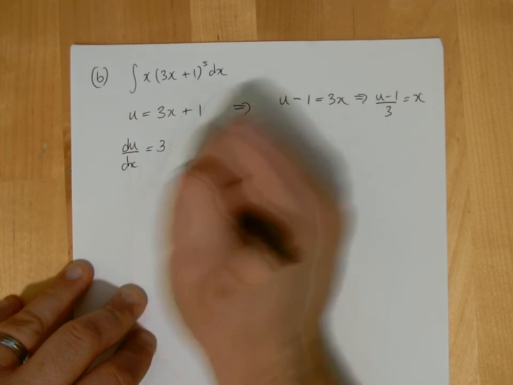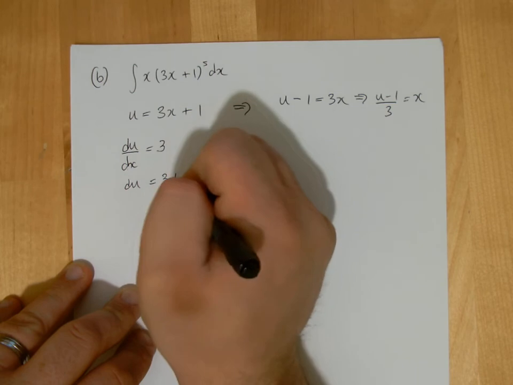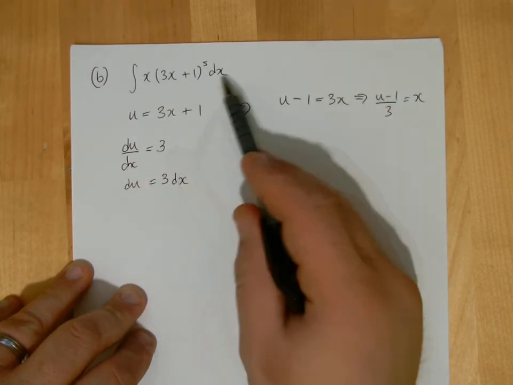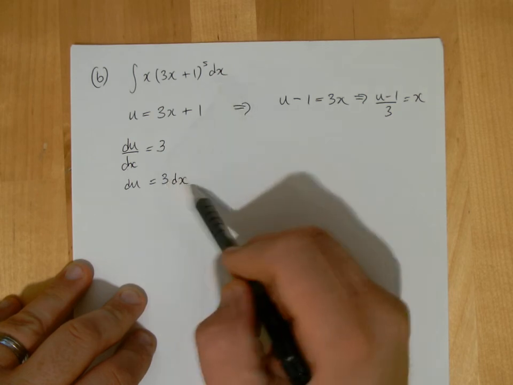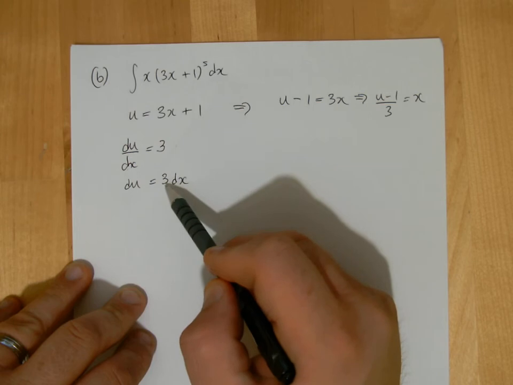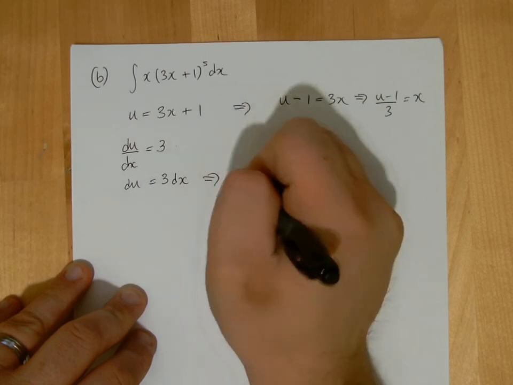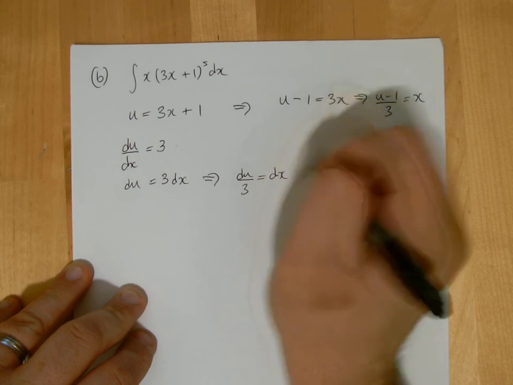So I could say du is equal to 3dx, but I actually want to work out what dx is. So to work out what dx is, I need to take that 3 over to the other side, because we're timesing here, and I take that over, I'm going to be dividing, so that implies that du by 3 is equal to dx. That's what I'm going to replace it by.